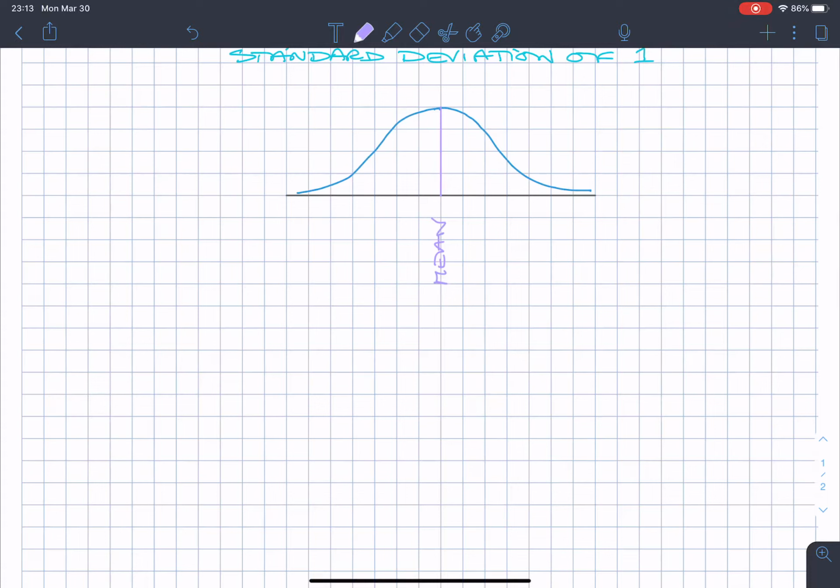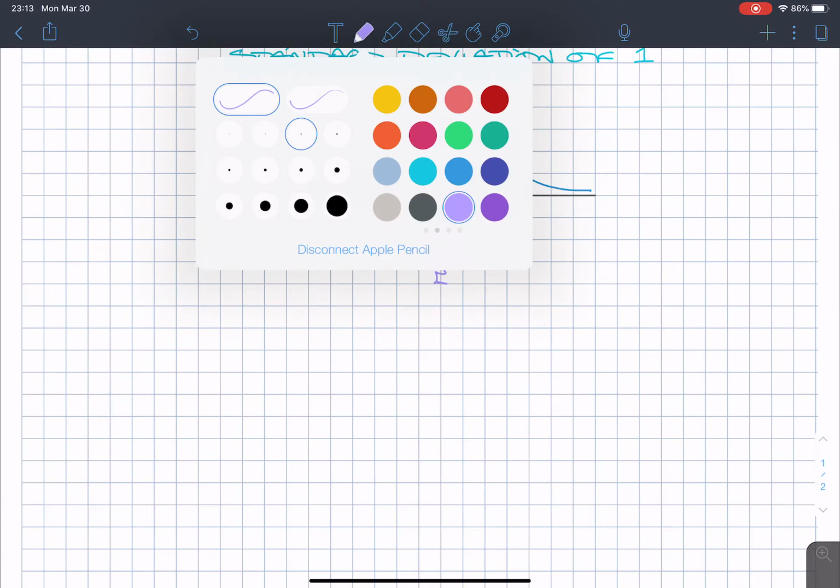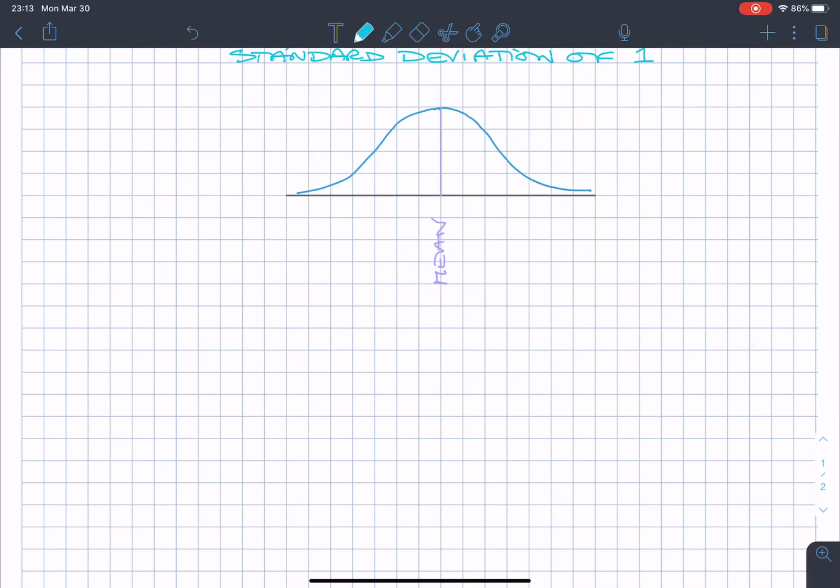And then we would have standard deviations. So this would be a -1 and a +1 from the mean.